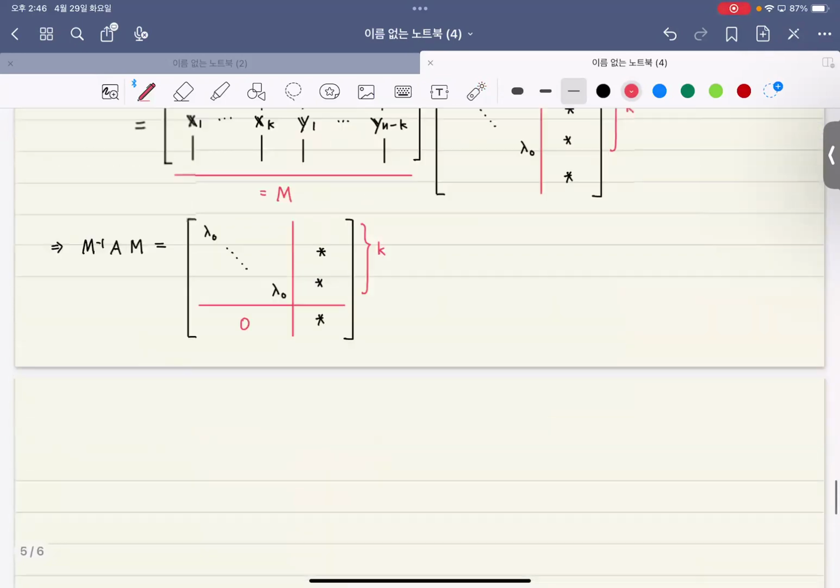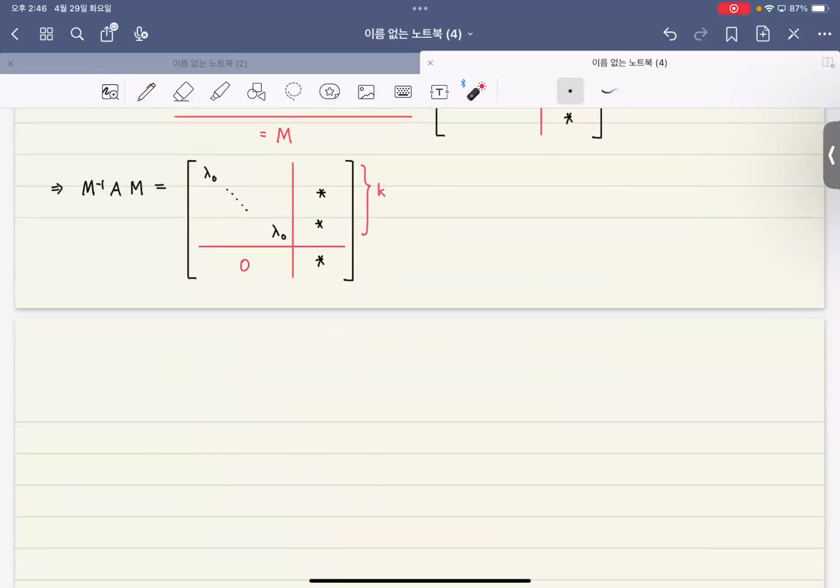The characteristic polynomial is invariant under similarity transformation. I mean, two similar matrices share the same characteristic polynomial. You remember this?